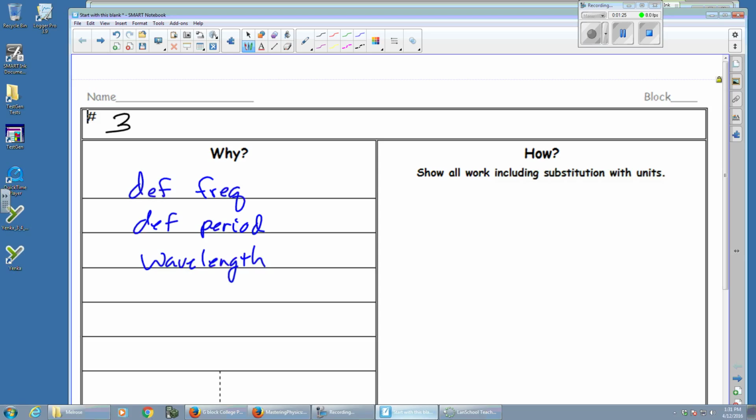So that's what I would do for the Y. For the how, we really only have right now one equation: speed equals wavelength times frequency. And oh, actually, we also do have that period equals 1 over the frequency, or frequency equals 1 over the period, whichever way you want to say it.